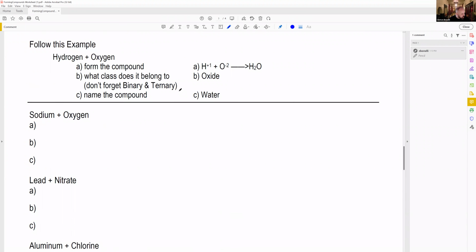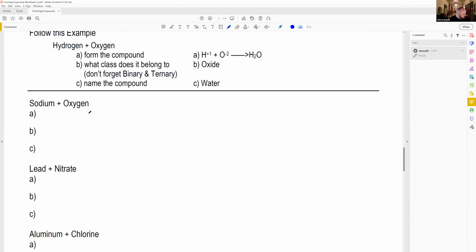And this one's kind of tricky too, not because of any reason other than just the fact that the naming is one of the exceptions. So we don't call this hydrogen oxide or dihydrogen oxide, like you would think from the chemical formula for water. We just call it water.